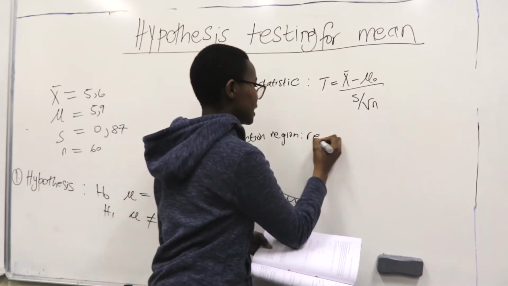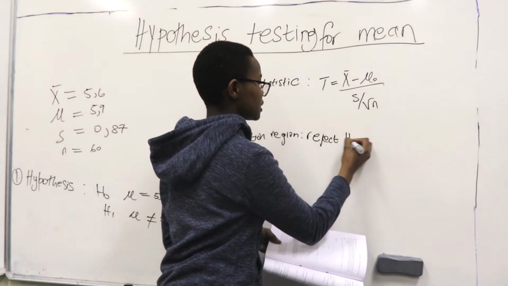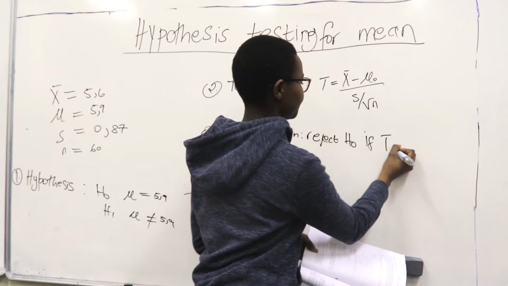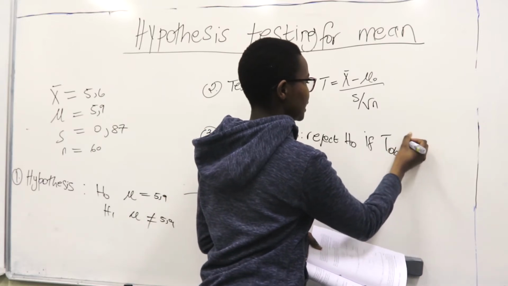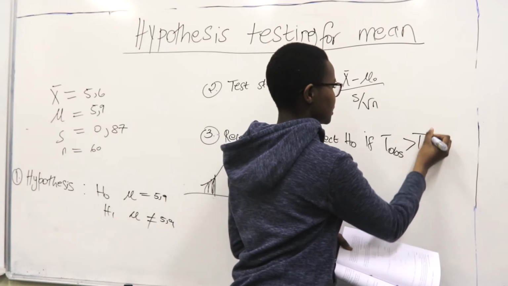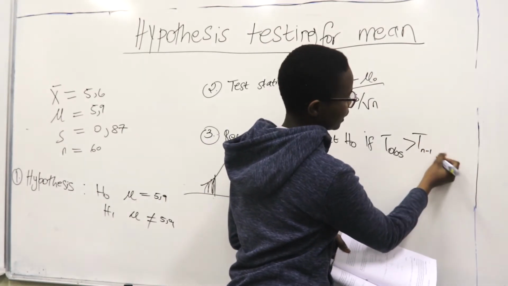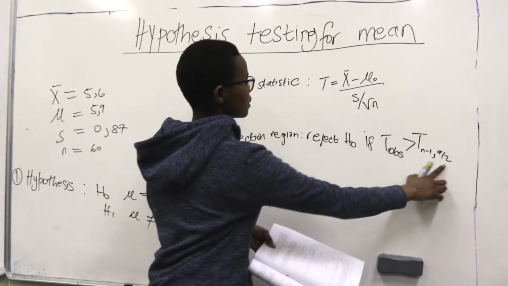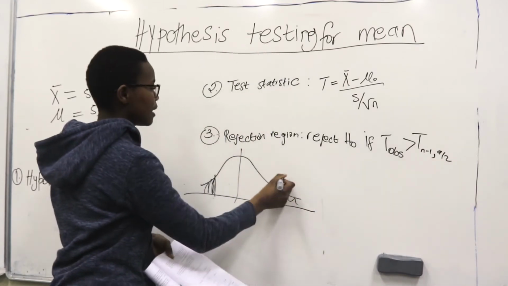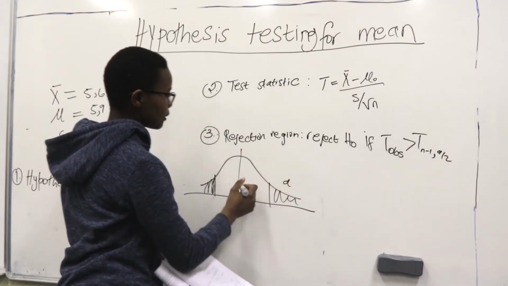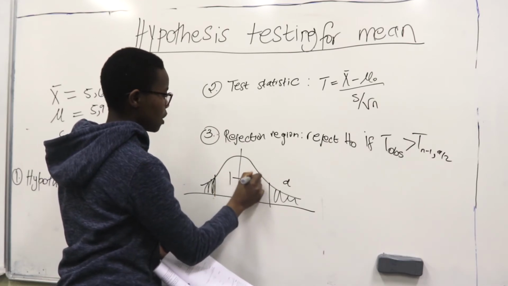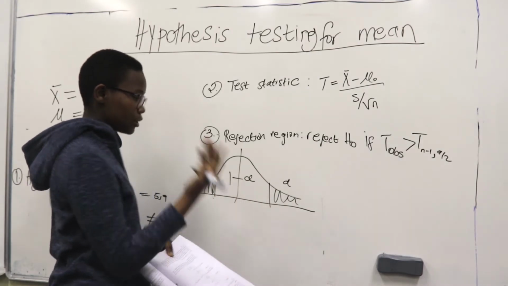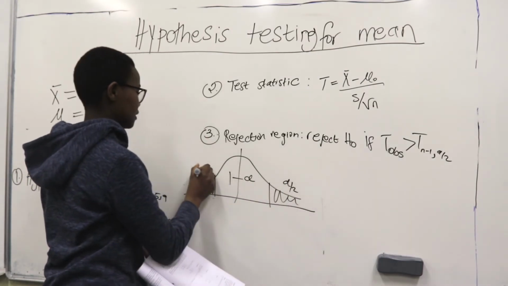So we reject H naught if T observed is greater than T with n minus 1, and alpha divided by 2. The reason I'm saying alpha divided by 2 is because here is 1 minus alpha, and here alpha is divided in 2 since it's a two-tailed test, right?